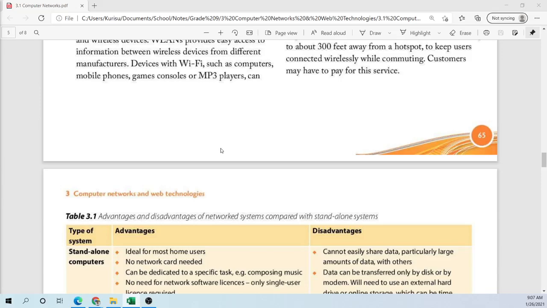Let's do a quick review. Can anyone tell me, we looked at five types of network last week. They all have a similar name. Can anyone remember those five?